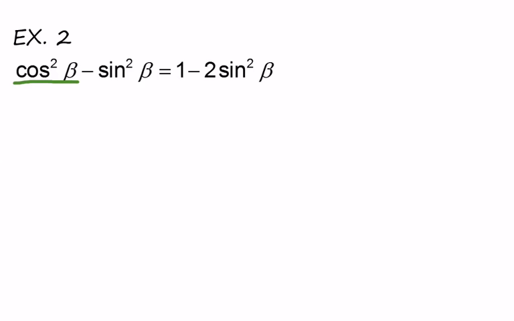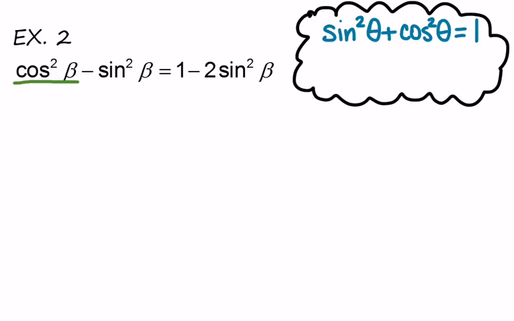I know I've seen cosine squared before when I've used the Pythagorean identity. Remember, if you rearrange this identity, it can help you out in any of these types of problems. If I rearrange this and solve for cosine squared, I know that cosine squared equals 1 minus sine squared, and I can use that in this problem.